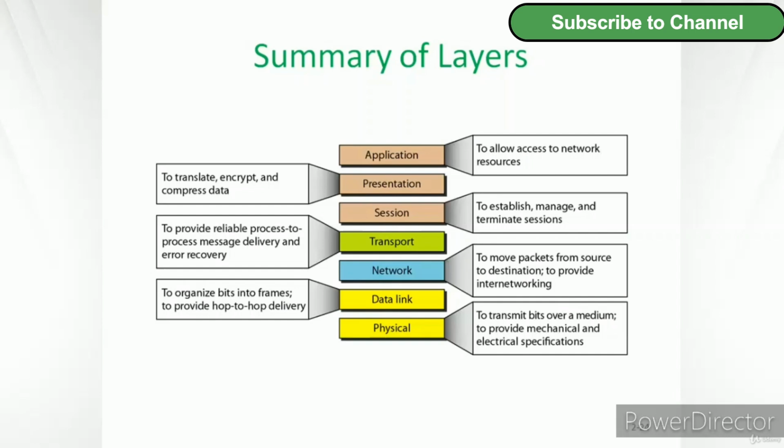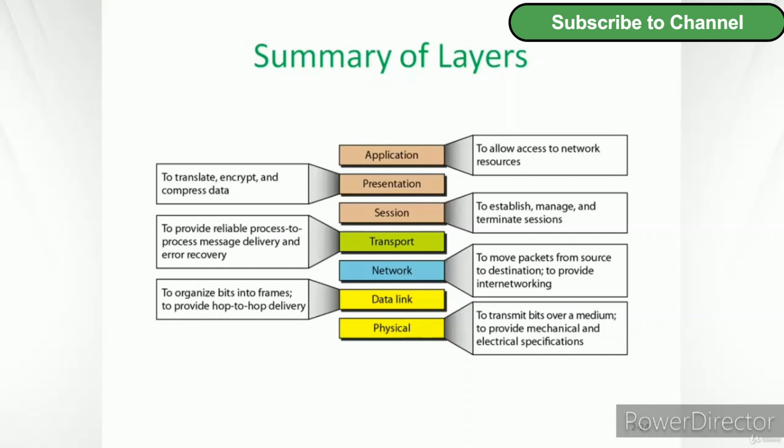Logical addressing is nothing but the IP address. The IP address is unique and universal, and it is used to connect the computers over the internet, and provide internetworking as well as routing.